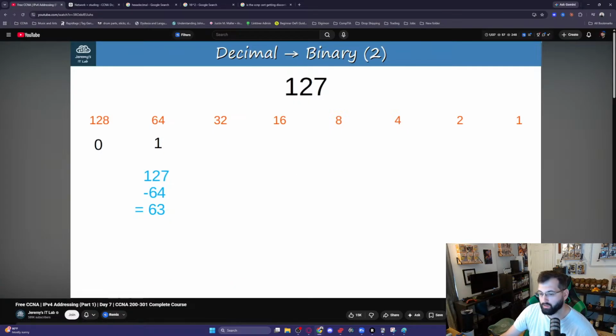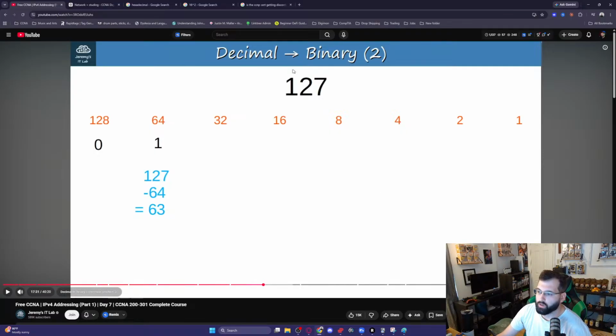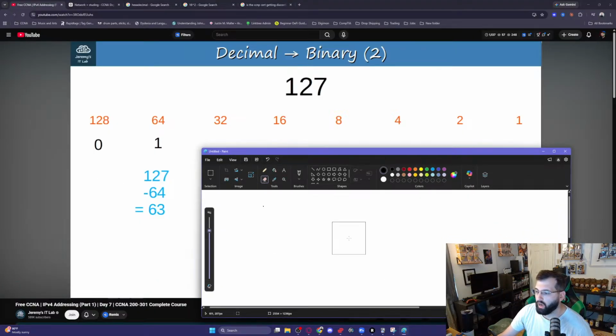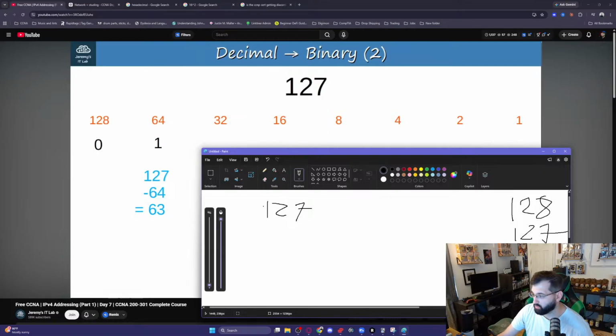The number has to go underneath. That was my problem. What I was doing is I would put 127 into 128, and then I was making it proper, which is 128 minus 127, which equals 1.